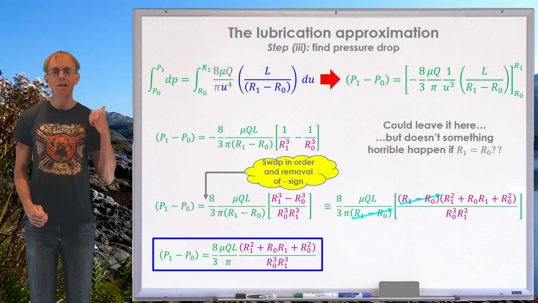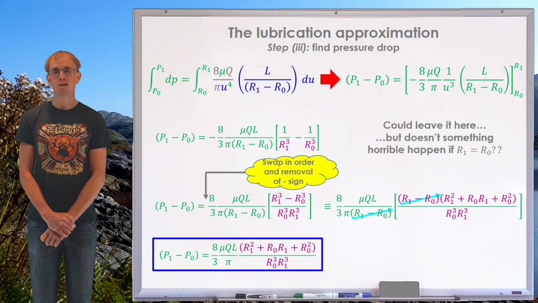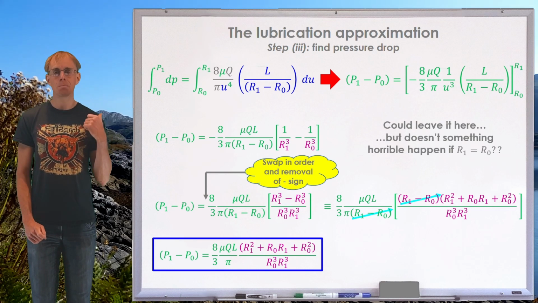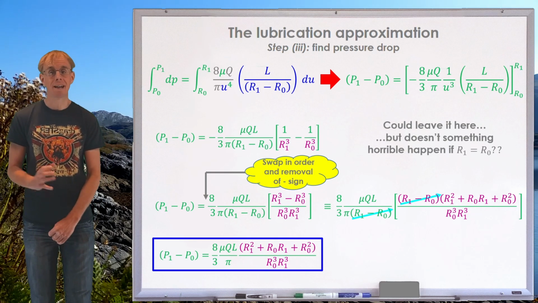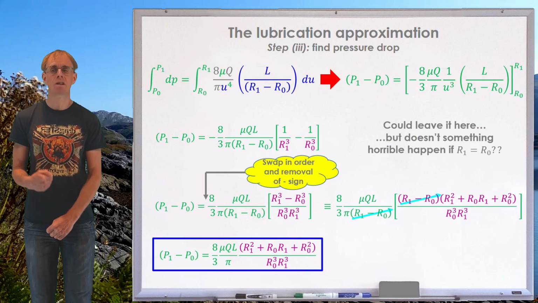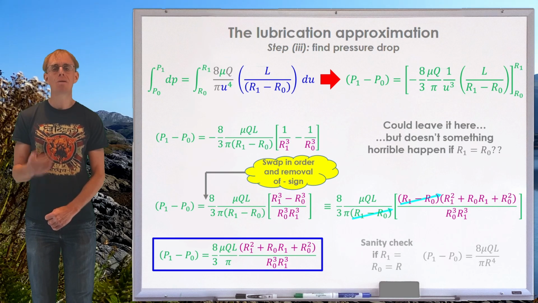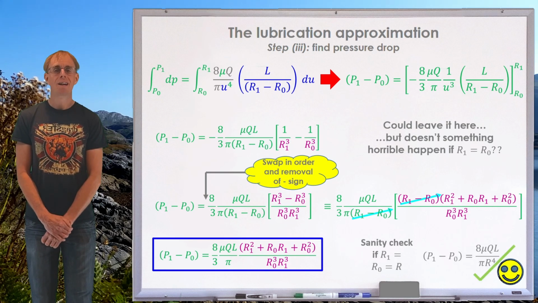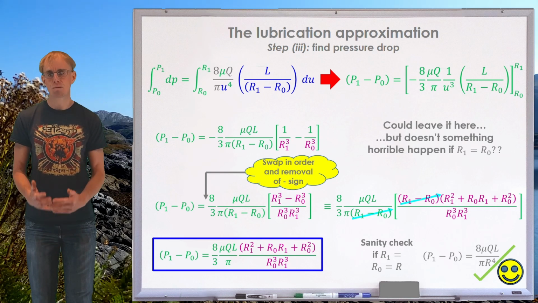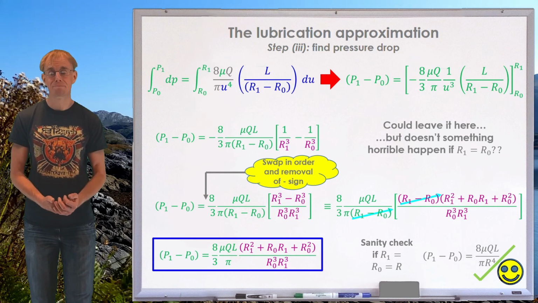So our rewritten expression for the pressure drop along our taper tube is there in the blue box on the whiteboard. And now we can do our cross-check. We can set R1 equals R0 equals R, and when we do, we recover the expression for the volumetric flow of fluid in a pipe, which is great because that's exactly what we should get.